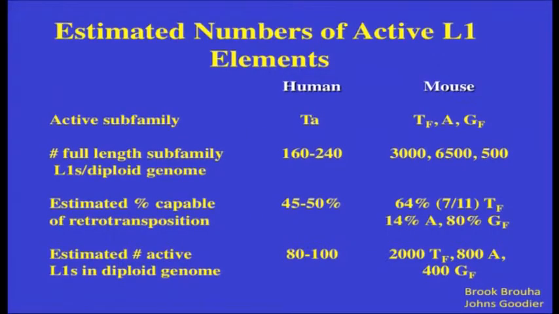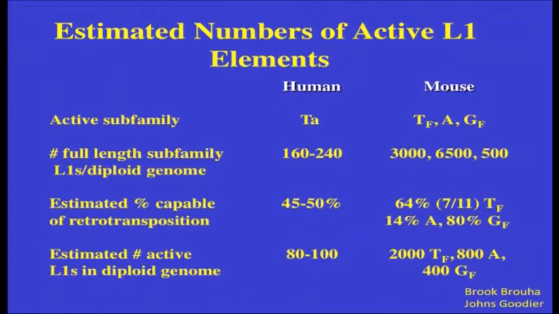How about the number of L1s that are active in the human genome as compared to the mouse genome? Well, we just have one subfamily of active elements, and within that subfamily, there aren't that many that are full-length and potentially active. When you put them through a retrotransposition assay, about half of them are active.